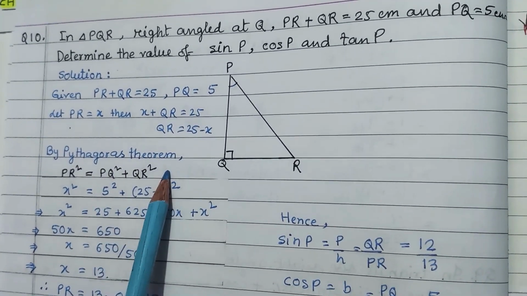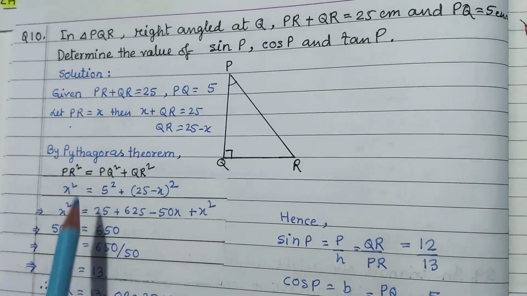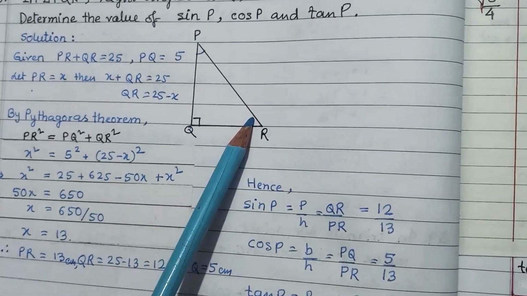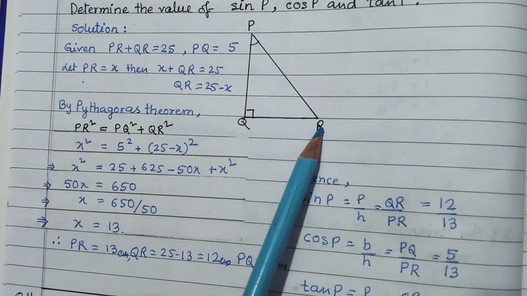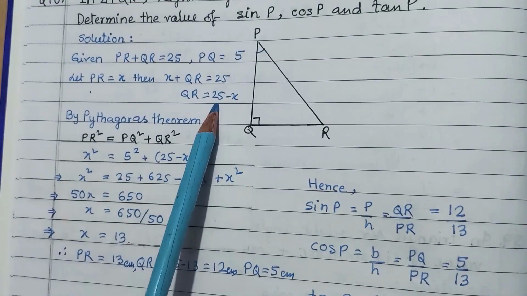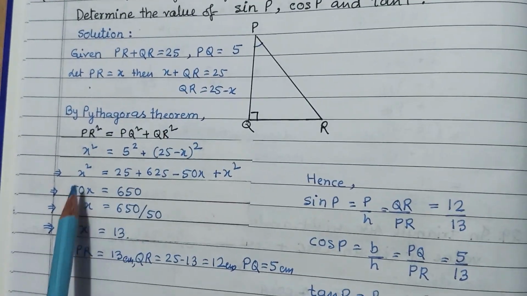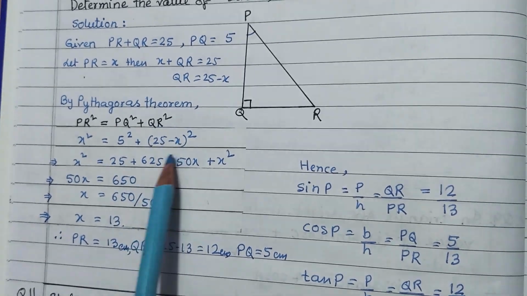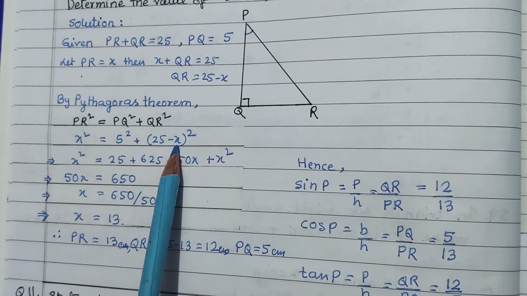By Pythagoras theorem, hypotenuse square is equal to perpendicular square plus base square. Substitute these three values: PR is x, PQ is 5 and QR is 25 minus x.